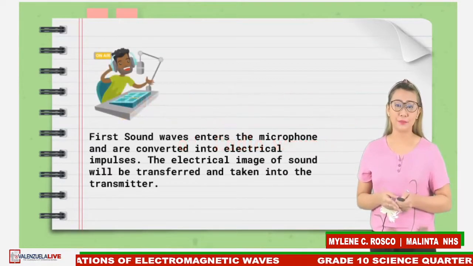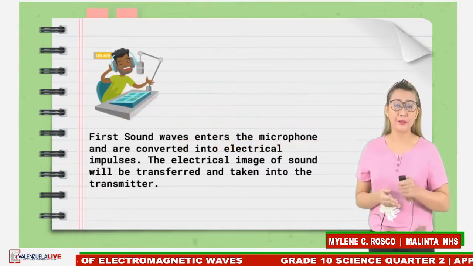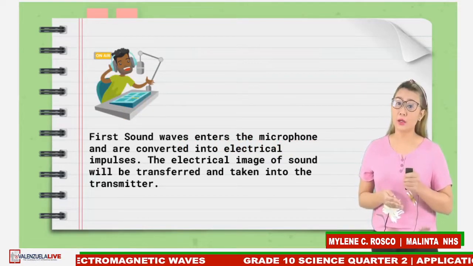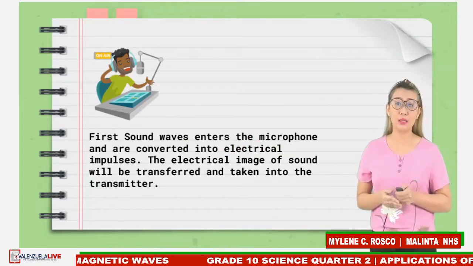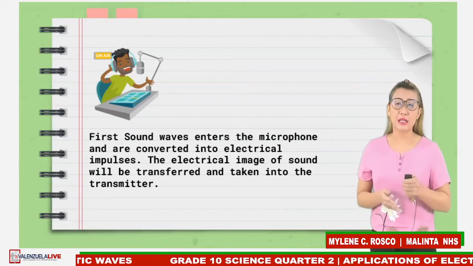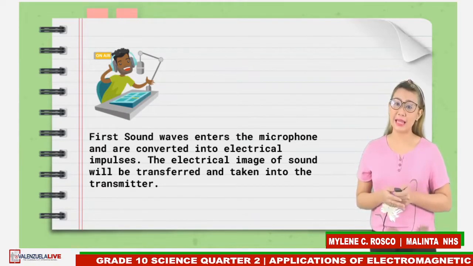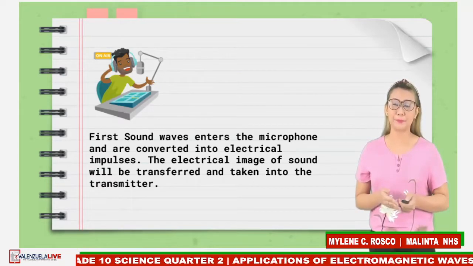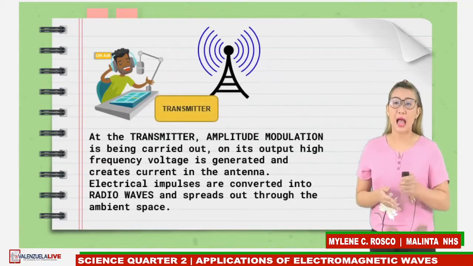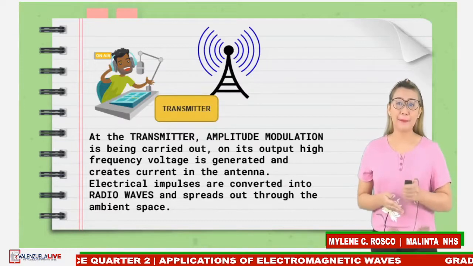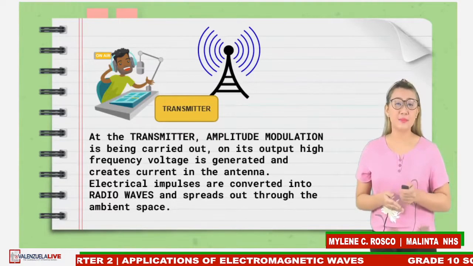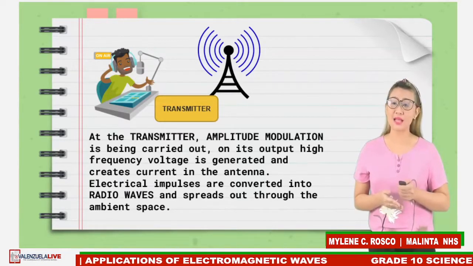First, sound waves enter the microphone and are converted into electrical impulses. The electrical impulses of sound will be transferred and taken into the transmitter. At the transmitter, amplitude modulation is being carried out on its output.